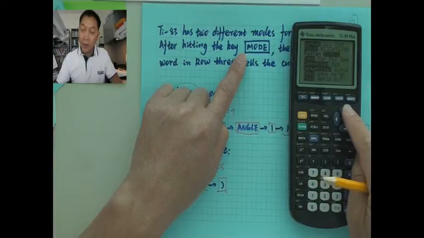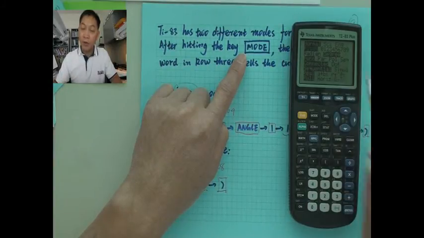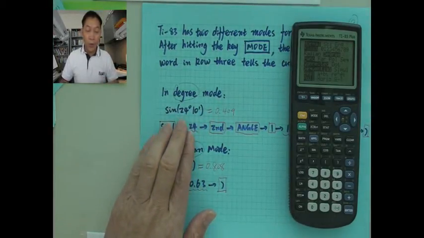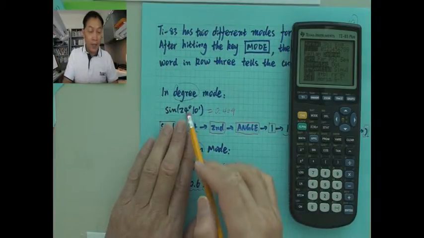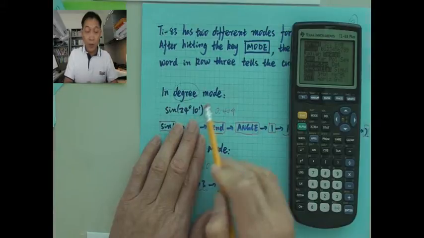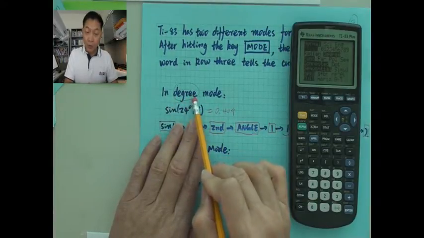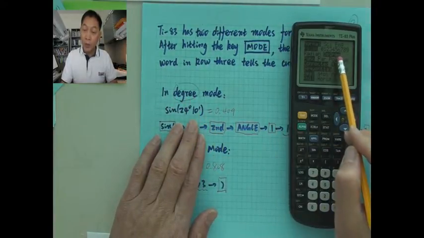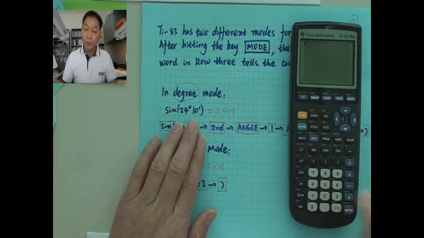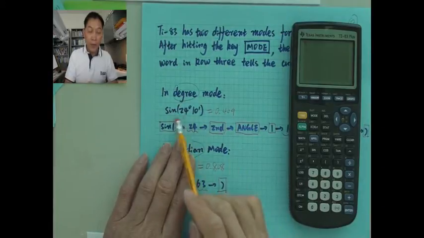And then you see the highlighted part has changed from radian to degree. This is important because when we calculate sine 24 degrees 10 minutes, we need to have our calculator in degree mode. Now it's in degree mode. We go back, we do second quit.